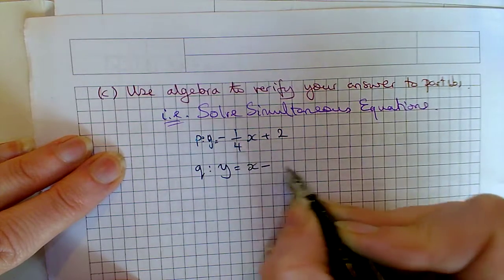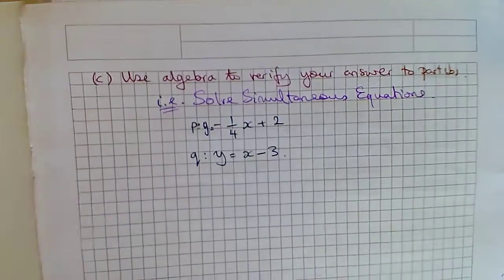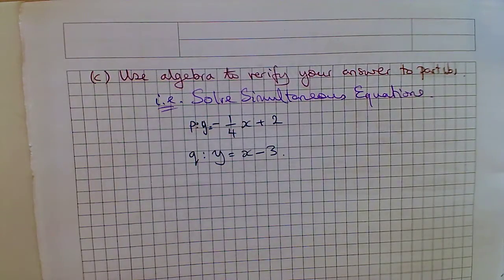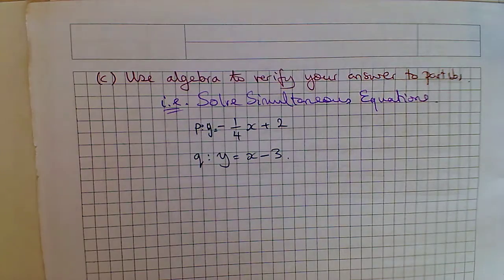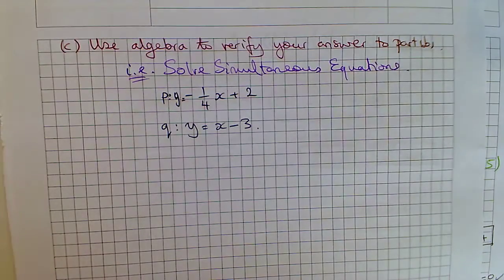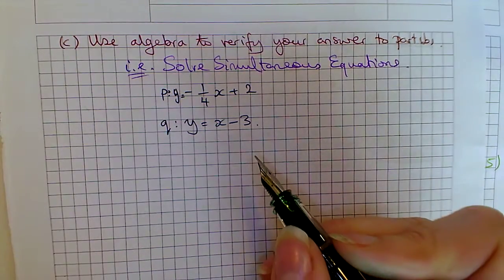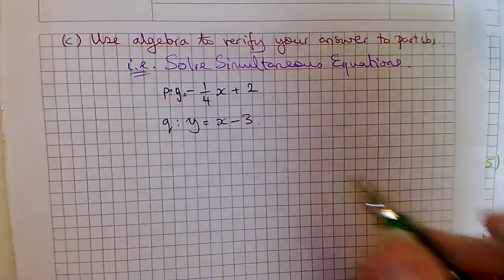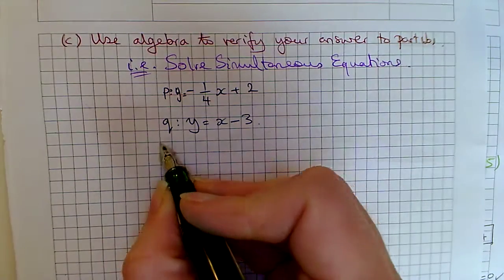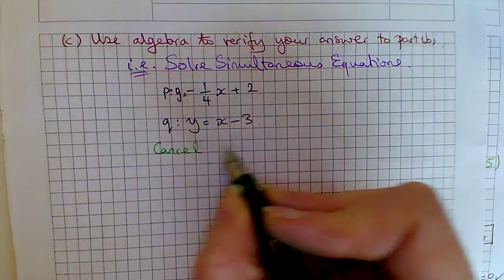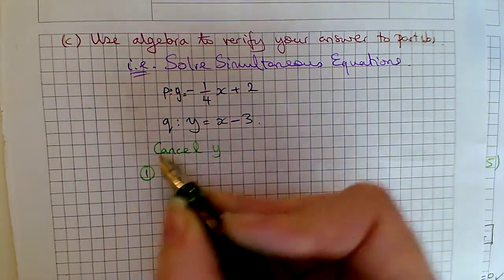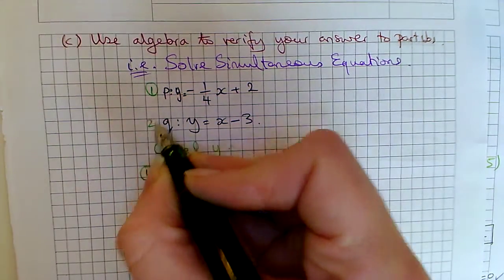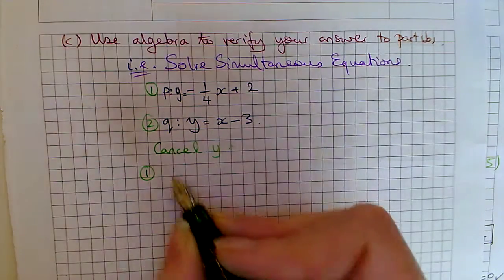Okay, so what am I going to cancel here? Well, the y's are already set up. This is really like the homework that you were doing on Thursday. Now I know I have a fraction, but I also have a calculator, okay? So I'm going to cancel y. I'm going to use 1 and 2 because we've been using 1 and 2 for everything else that we've been doing.